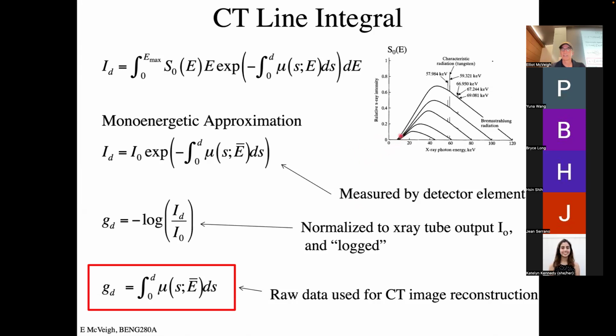So here's our energy spectrum. Here's the complicated thing. We're going to say the monoenergetic assumption gives us this equation. Instead, all of that energy just goes out, and we're going to have a mu value, which is the mu of the average energy, that we're going to solve for. It's not precisely the mu value of the average energy, but it works out to be pretty similar, most of the time.